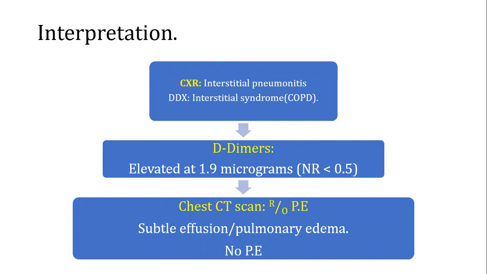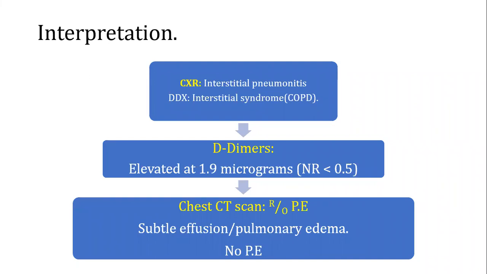But we know the signs of this. This case here is not a clinical or a classical case for COPD, but it's given interstitial syndrome. Fine, granted. Partly because this gentleman was a smoker, and we know any history of smoking will likely lead you to chronic obstructive pulmonary disease.